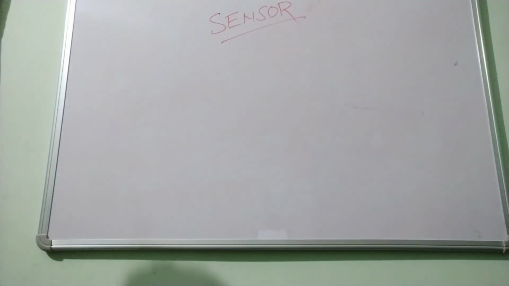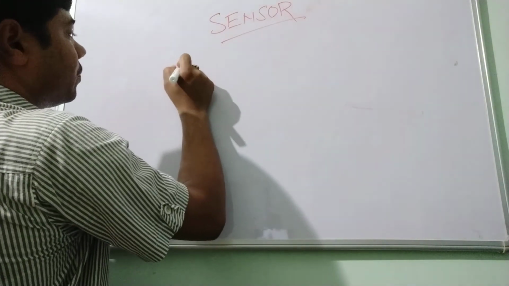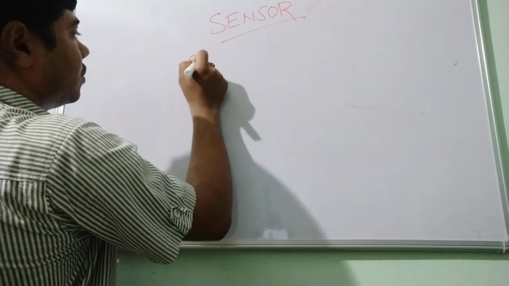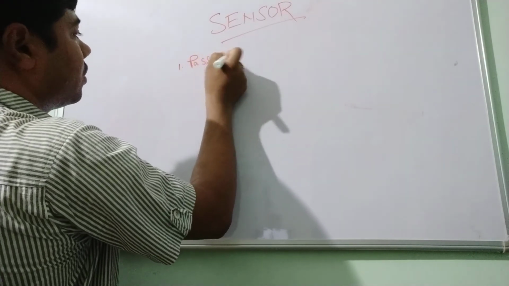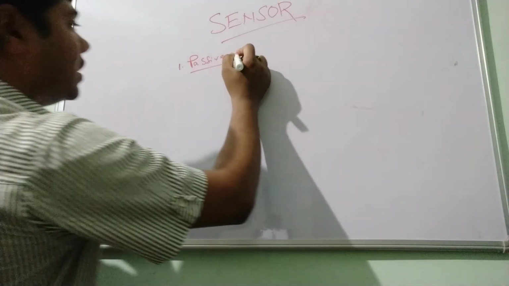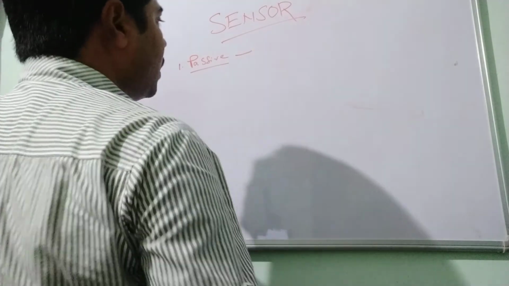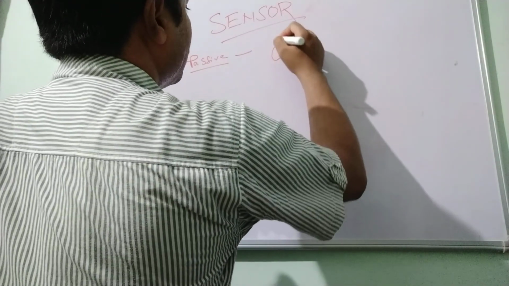So in remote sensing, different types of sensors are used. The first one is the passive sensor. A passive sensor records light based on the natural source of illumination. For example, the sun is the source of energy.